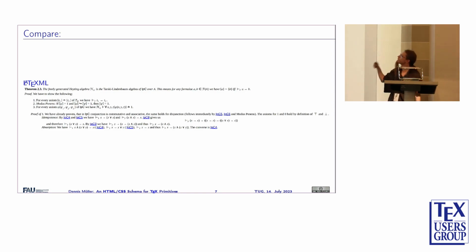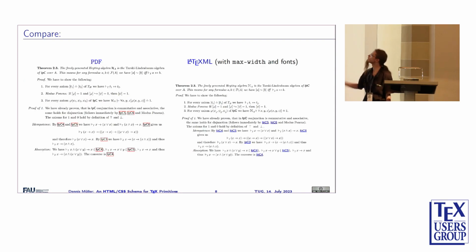So let's take the LaTeX-ML output, add a max width, and while we're at it, also change the fonts because I don't like the standard fonts. In particular, the ones for math I don't really like, so let's just switch both to Latin Modern, and ta-da. That looks nice. My claim would be that LaTeX-ML has probably the best MathML output you could possibly wish for, so that's nice.